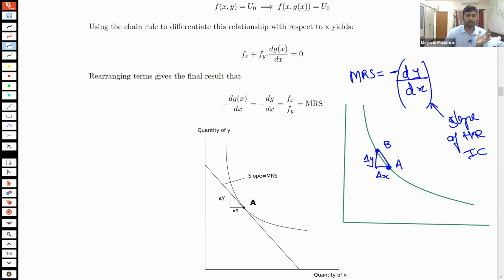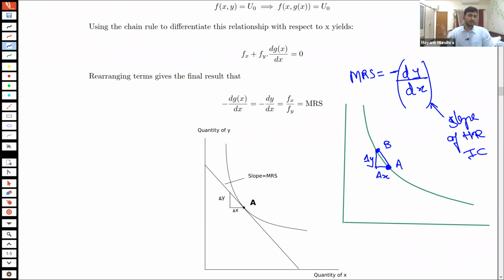Then delta y by delta x will be the slope of the line segment connecting points A and B. But if the change is very small, then dy by dx will be the slope of the indifference curve. That is the idea. So MRS is nothing but the negative of the slope of the indifference curve.